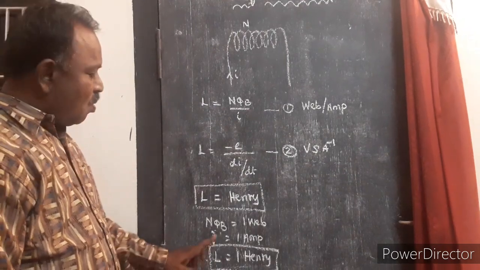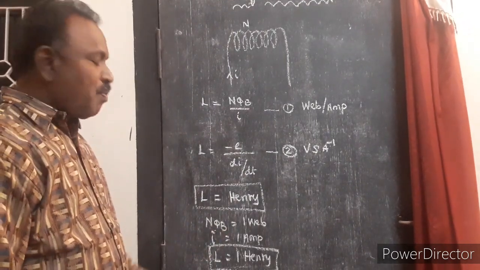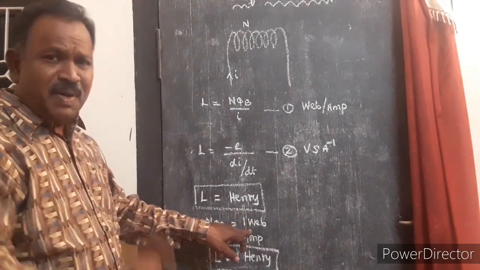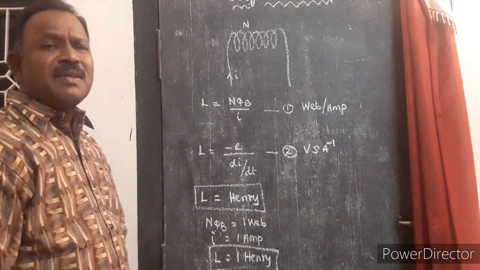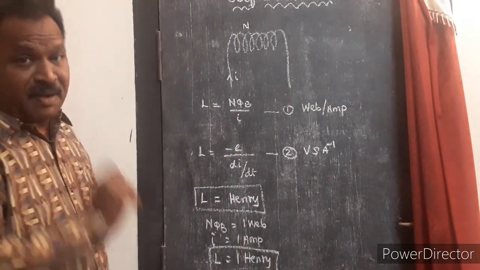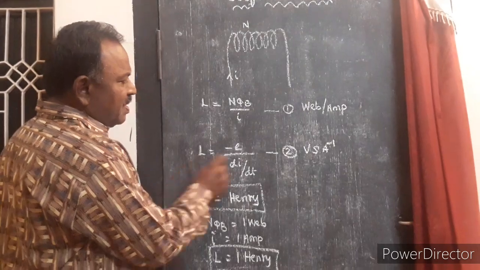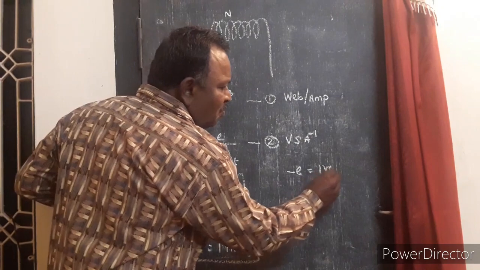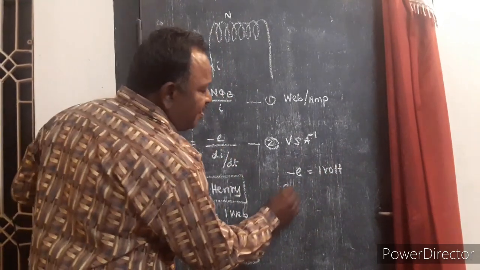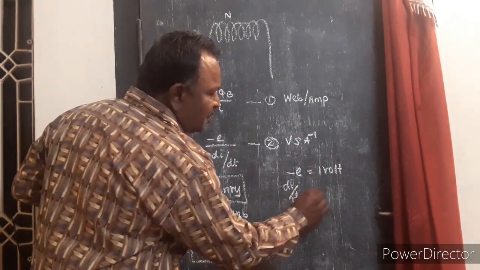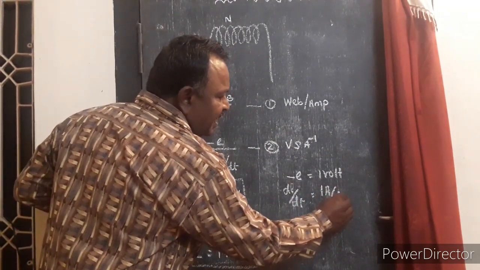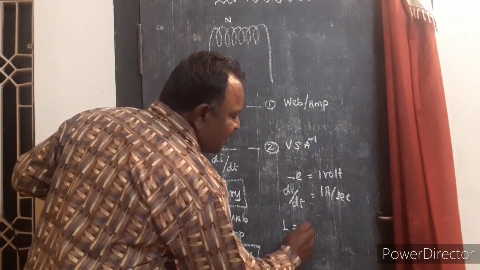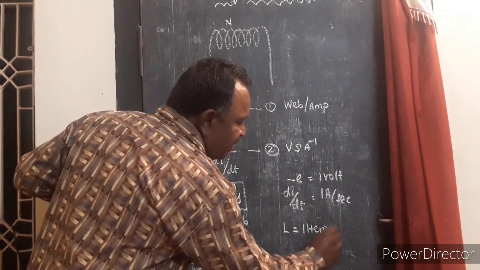Again I repeat, when 1 ampere of current produces a flux linkage of 1 Weber, then the self-inductance of the coil is said to be 1 Henry. In a similar way, as per the second equation, when the opposing EMF is equal to 1 volt and the rate of change of current is equal to 1 ampere per second, then the self-inductance of a coil is said to be 1 Henry.